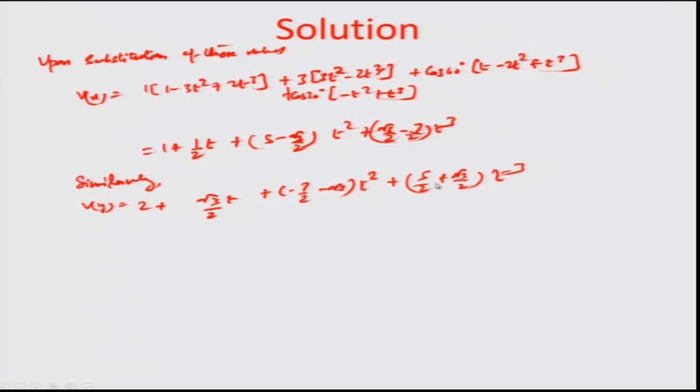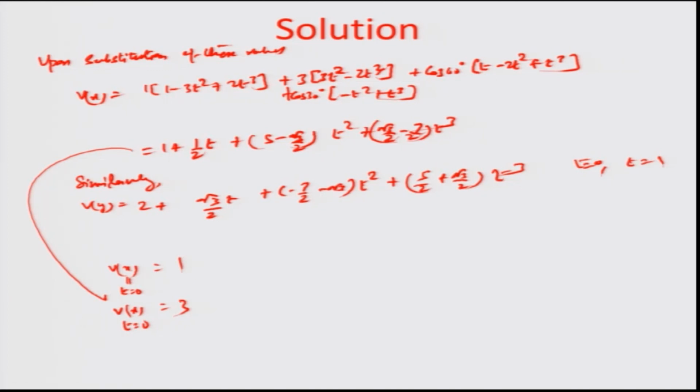There is a way we can verify further by putting the values of t equal to 0 and t equal to 1 to find out if the end conditions match exactly. And here what we find out is that if t equal to 0, then Vx becomes equal to 1, and at t equal to 1, it becomes equal to exactly 3, from substituting the value of t in this equation.